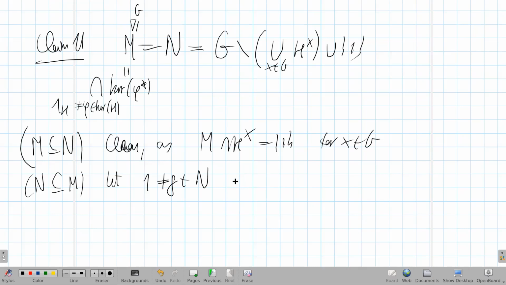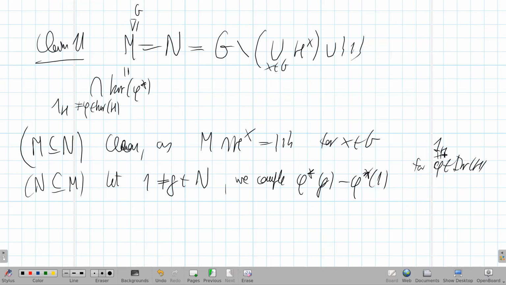Then we compute phi star of g minus phi star of 1. What I want to prove is that this is 0, because that means g is in the kernel of phi star, for phi an irreducible character of H, say different from 1, though this is not particularly important.